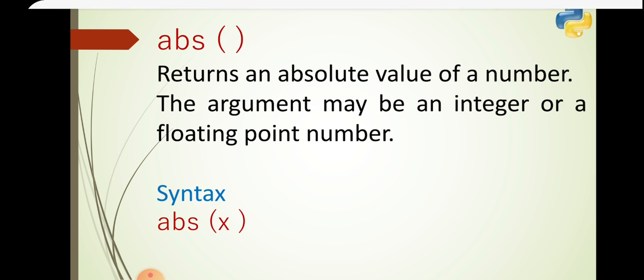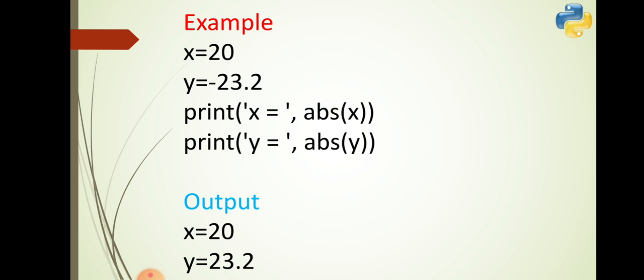Now look at this example again. x equal to 20. Now y equal to minus 23.2. Now I use the function called ABS. ABS of x, then print y, ABS of y.